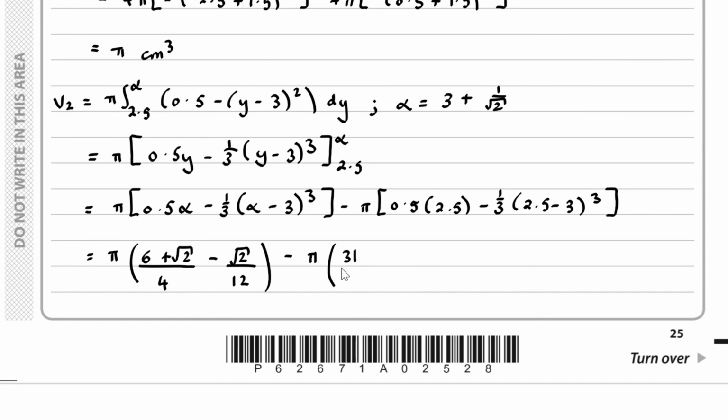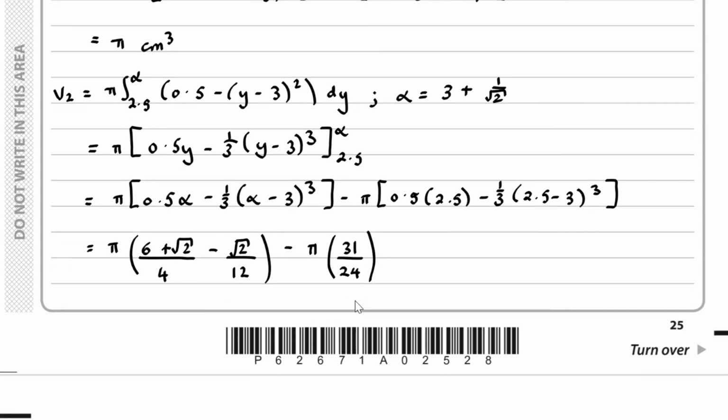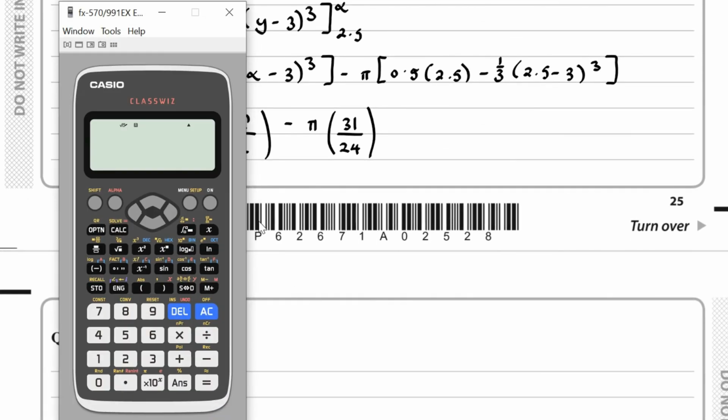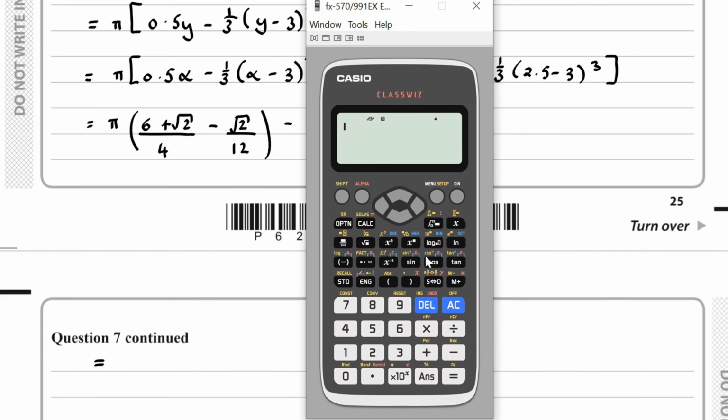So we have 31 over 24. So if we tidy up this first bracket, you can see here we've got 6 plus root 2 over 4, take away root 2 over 12, which is 9 plus root 2 over 6.